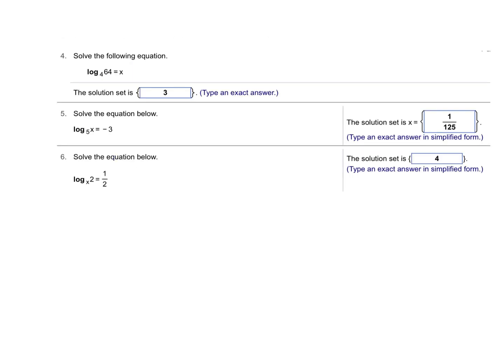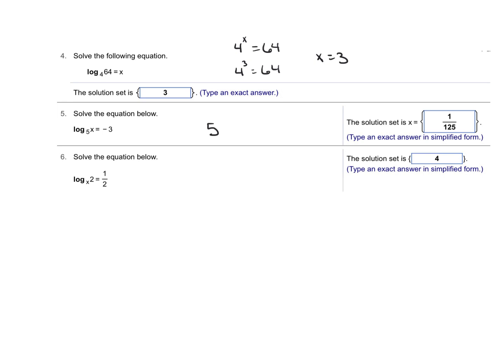Number 4, this says 4 to the x power equals 64. So we're trying to find out what that number is. 4 to what power equals 64? That's 4 to the third power equals 64. So x must equal 3.